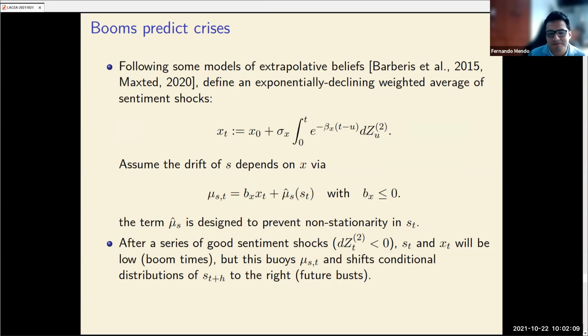You're in booming times, but this shifts the conditional distribution of the future, because it pushes the drift of S. Basically, it says that in the future I'm going to have more pessimism. It's the same idea as these behavioral extrapolative expectation models, but everything here is rational. Okay.